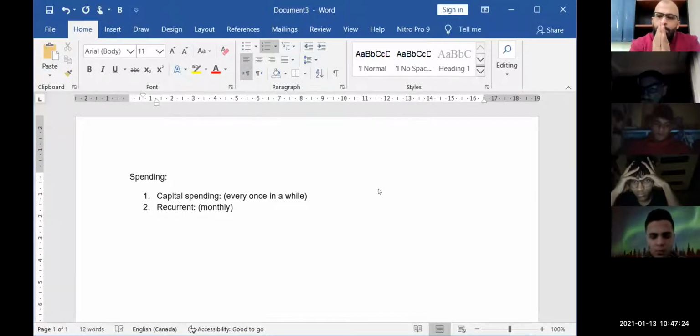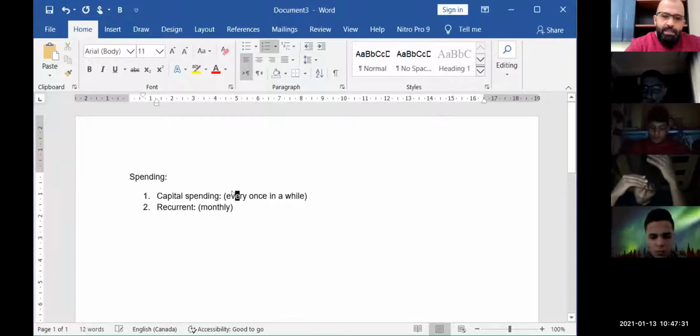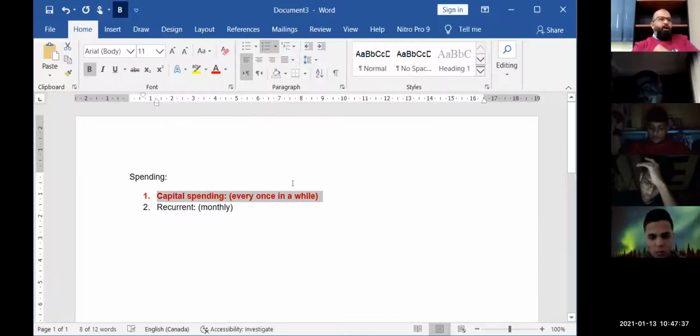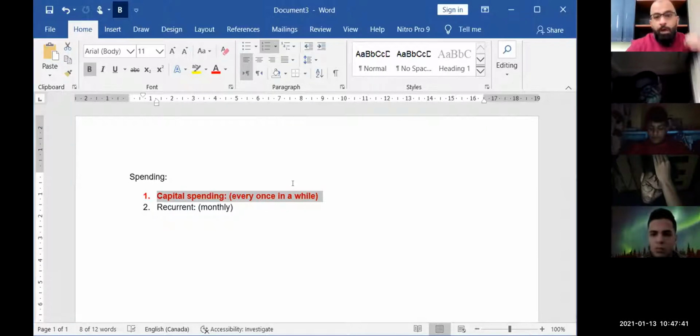But how can we finance, how can we get the money needed to pay for capital spending? How can we get $5 million? How can we get $20 million? How can we get $1 billion for a company like General Motors or Mercedes or one of these multinational companies?